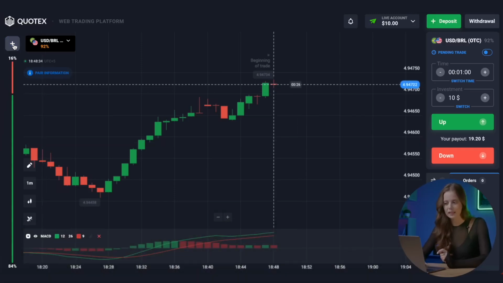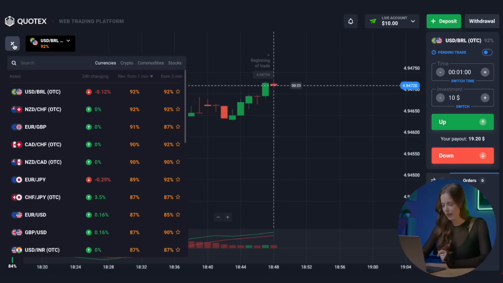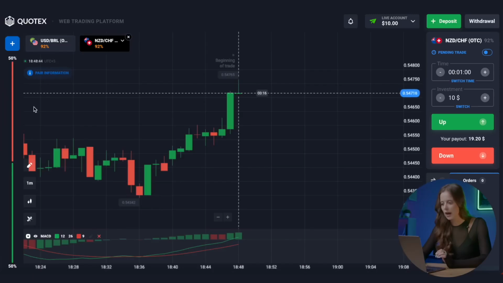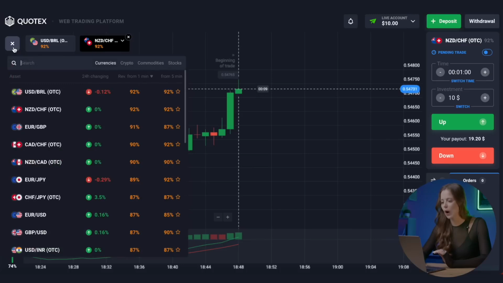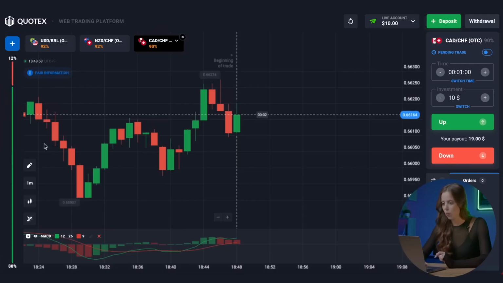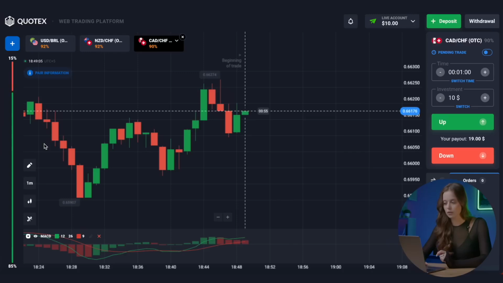Now, let's add the pairs we need. Today I'm planning to trade on the following pairs: New Zealand dollar and Swiss franc, which have excellent percentages, and we will also add one more pair later. So, well, friends, let's analyze the market situation. As I said before, we are going to start trading with $10.